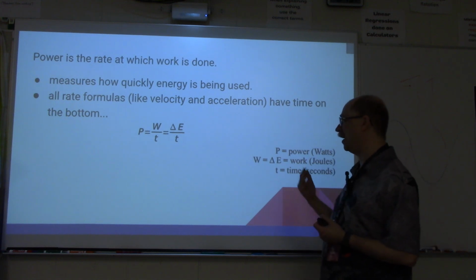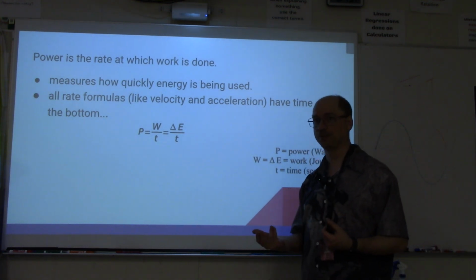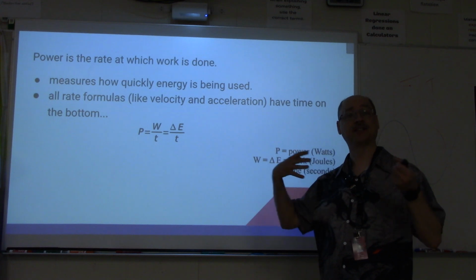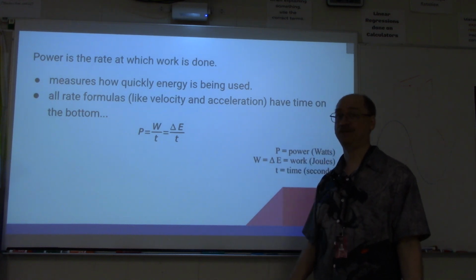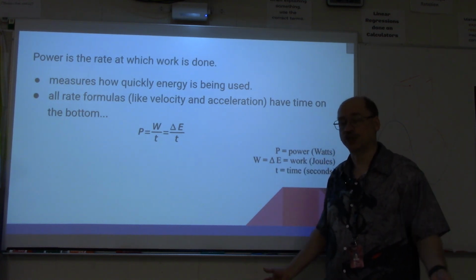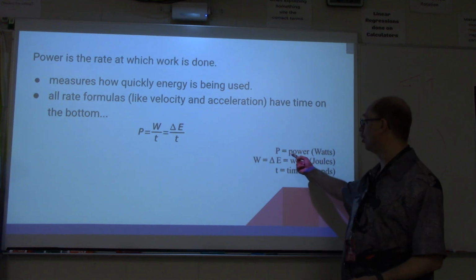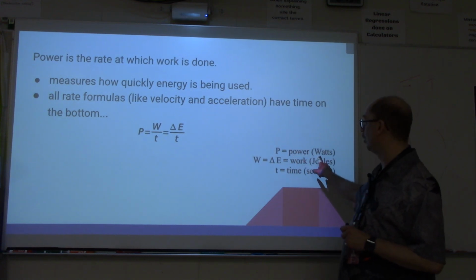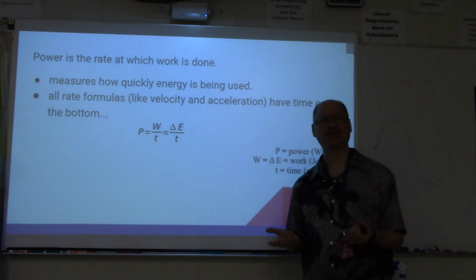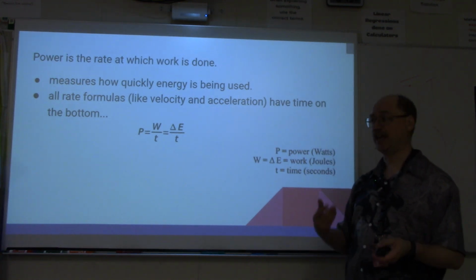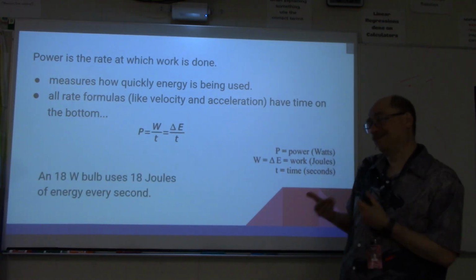Now, instead of measuring power in joules per second, we instead decide to honor James Watt, a fellow who made some pretty good steam engines, and we name power, the unit at least, in his honor as watts. That's why when you look at something like a light bulb, it'll say 18 watts. Because what's that really telling you?